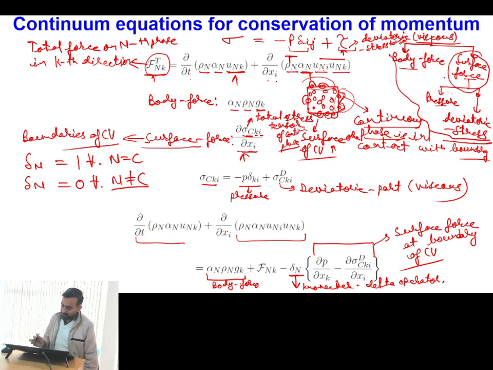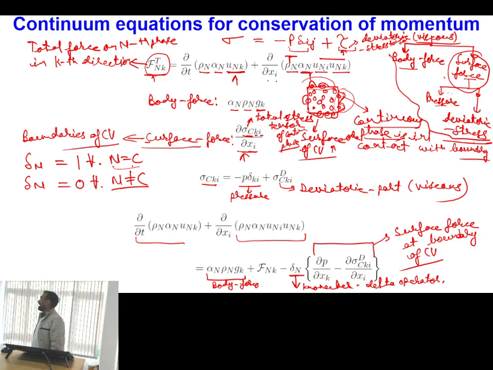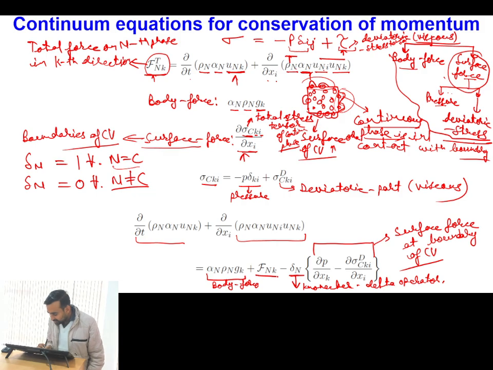Clear? So this is the surface force, but this Kronecker delta operator ensures that this force will come into the picture only when n is equal to c, and if n is any other phase, then this force will not come into the picture, because that phase is not making contact with the boundary of the control volume. But one more additional force I have written over here, F and K. What is this F and K?